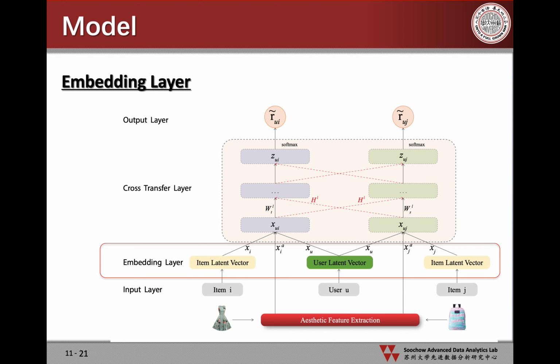Finally, we concatenate the item latent vector, the user latent vector, and the item aesthetic features vector as the input to the next layer.